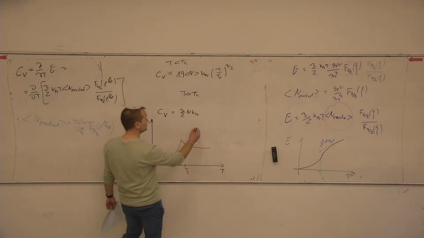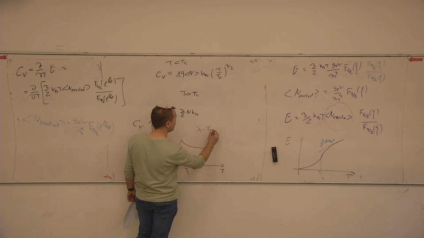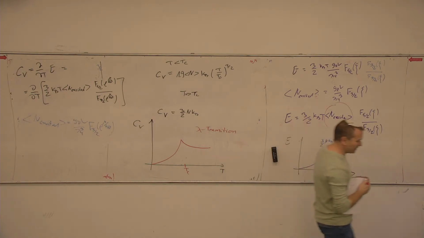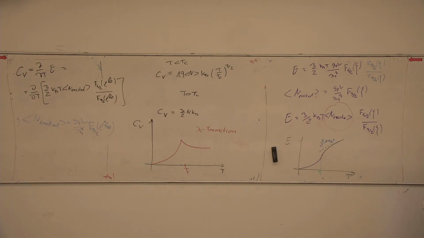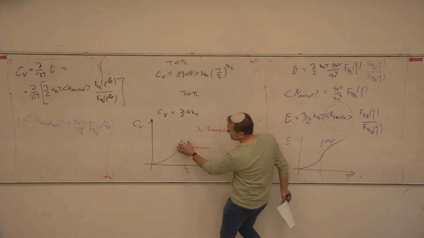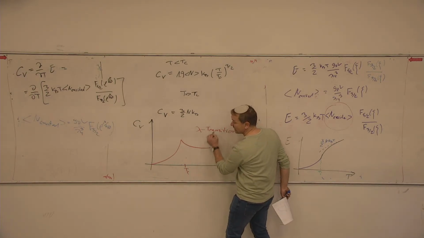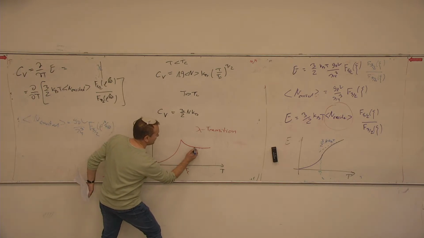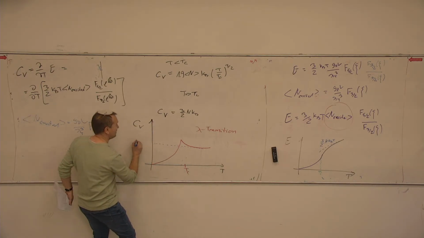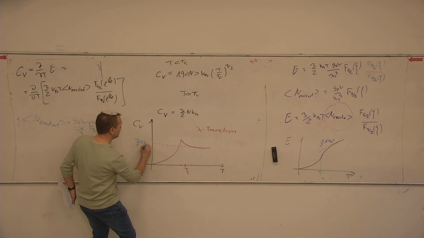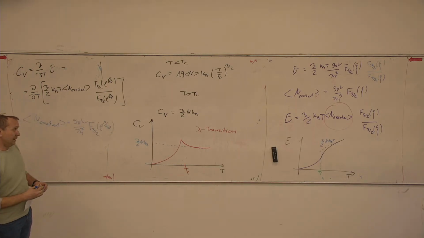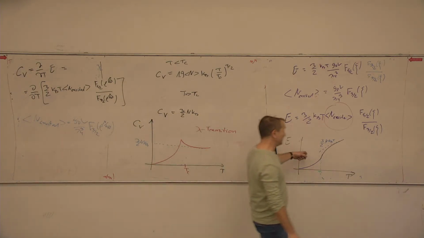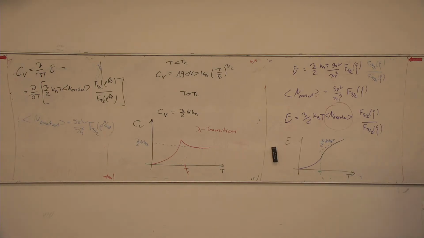So this is why it's called the lambda transition. But the interesting part is that the heat capacity in the vicinity of this critical T goes down, approaching three halves n k Boltzmann. This was what was measured. This is where we obtained it from.